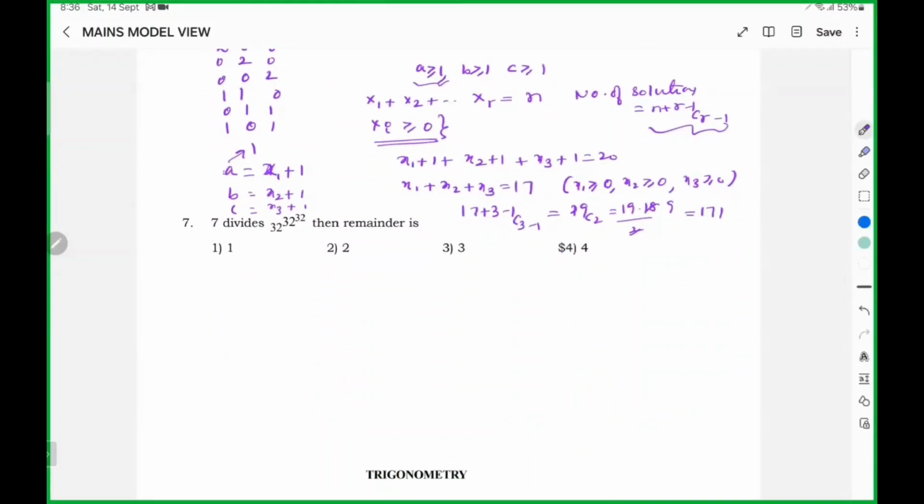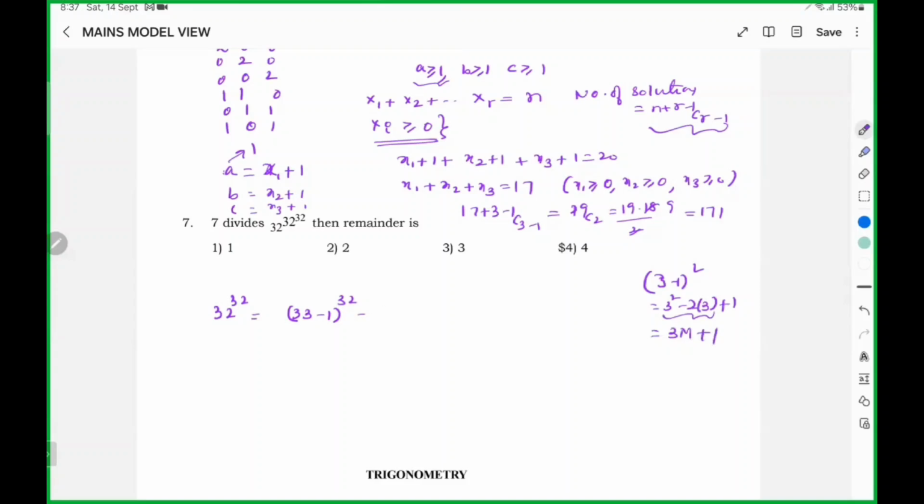Here, to calculate the remainder when this is divided by 3: 32^32^32, I can write 32 as 33 minus 1. Suppose you write (3 - 1) squared, simply I can write 3² - 2·3 + 1, which is nothing but a multiple of 3 plus 1.